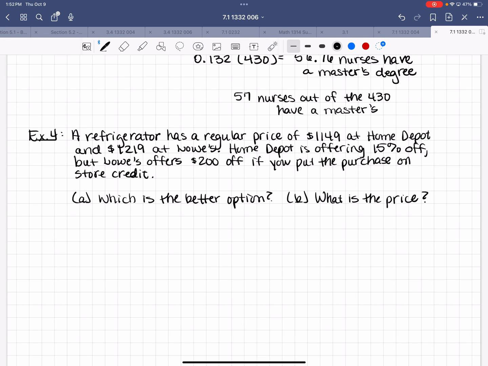At the end of that 12 months, if you haven't paid that off, they go back and charge you about 25% back interest on $1,200. Not on the amount that you've paid down, but on the full $1,200. So that $1,200 refrigerator now winds up costing you like $1,500 to $2,000.